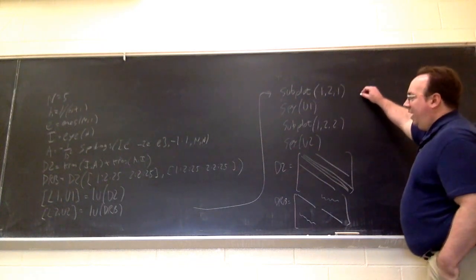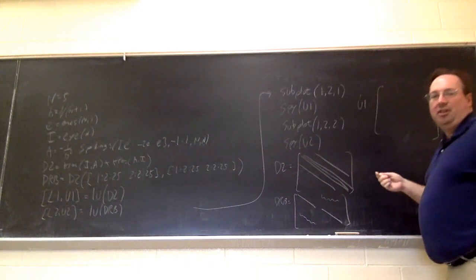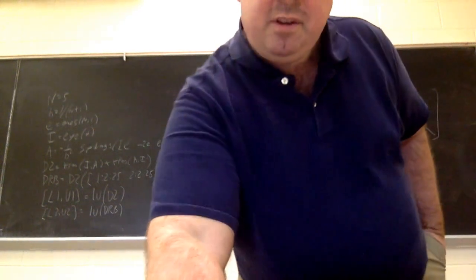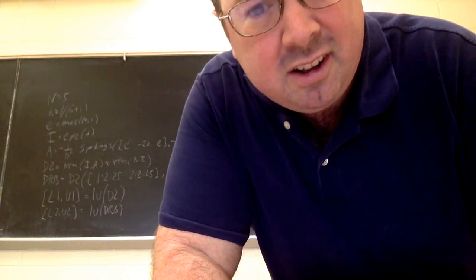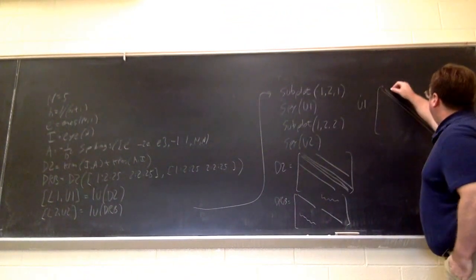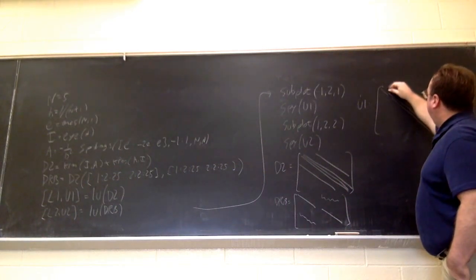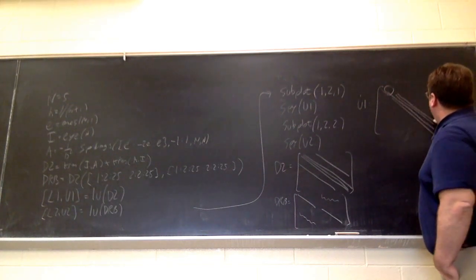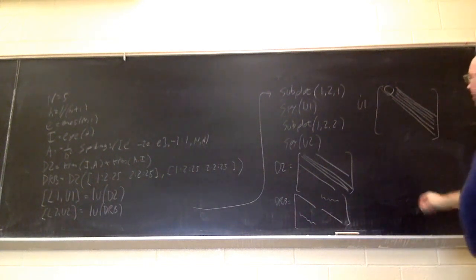So L or U1 has a structure. Of course, it's upper triangular. It has to be. But we have 1, 2, 3, 4, 5, 6 bands altogether that are mostly full. You get a few zeros up here in the upper left corner, but for the most part, these are completely full. Okay, so that's U1.